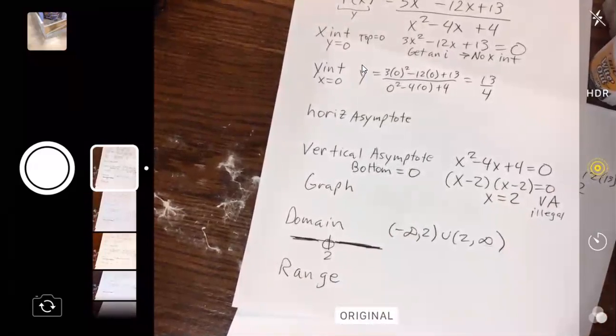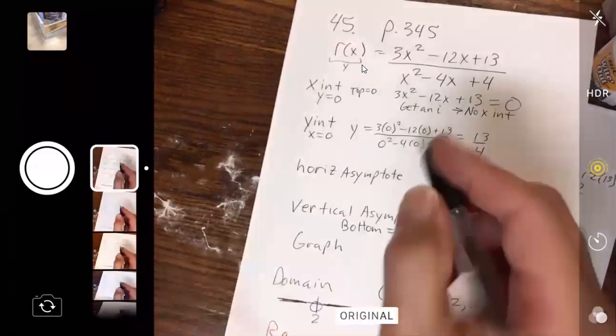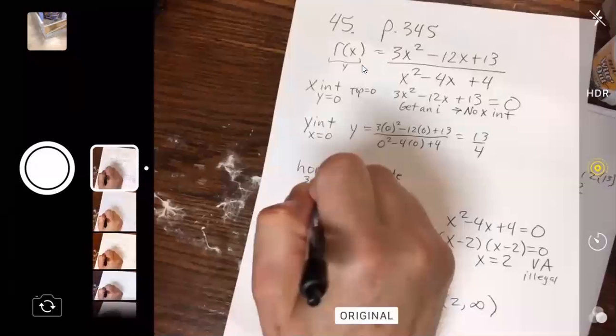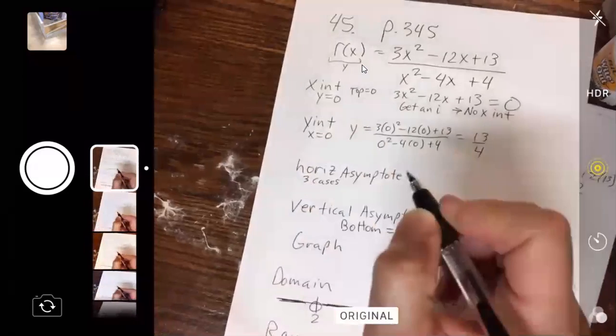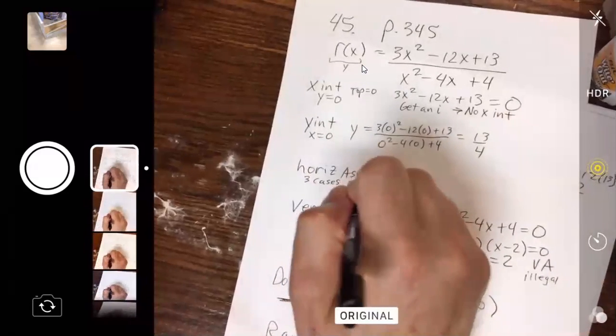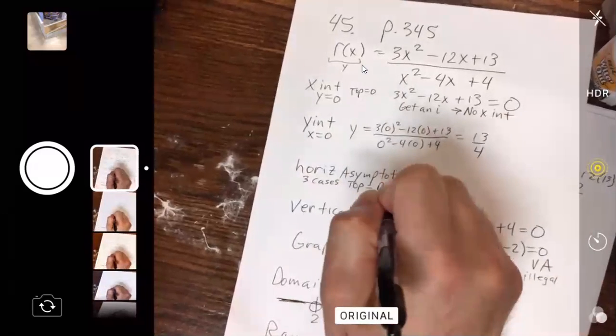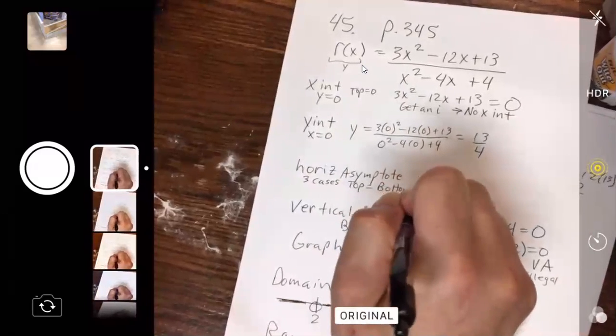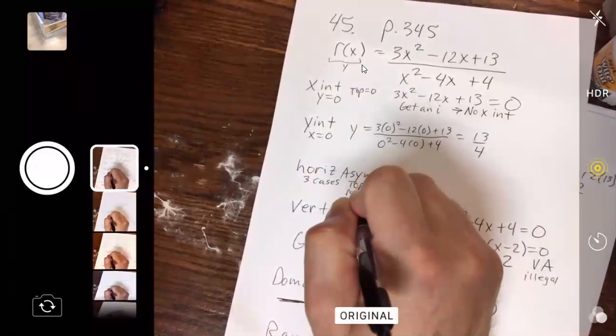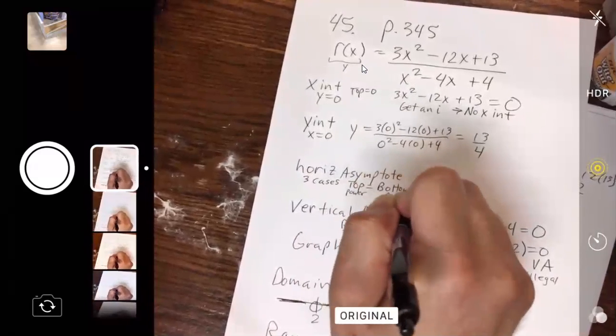All right, we have now saved the hardest ones for last. Remember, there were 3 cases of horizontal asymptote. This is the case of top power equals bottom power.